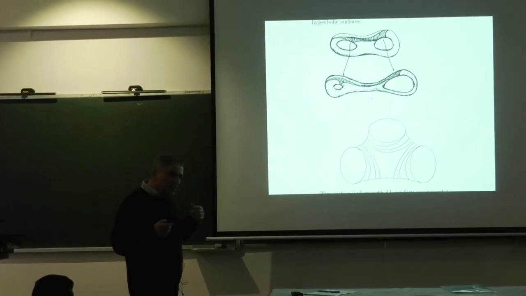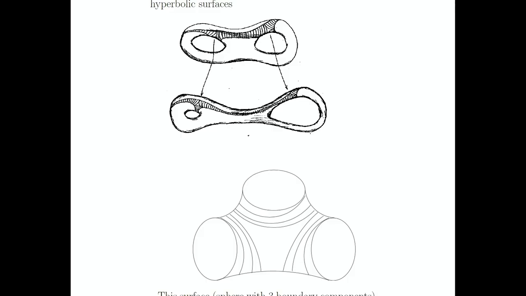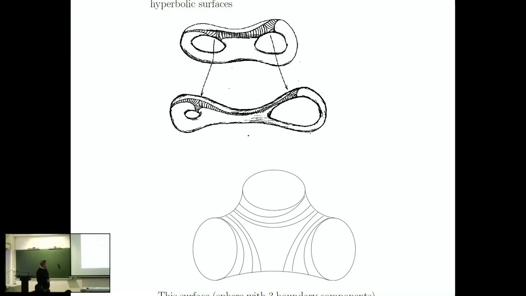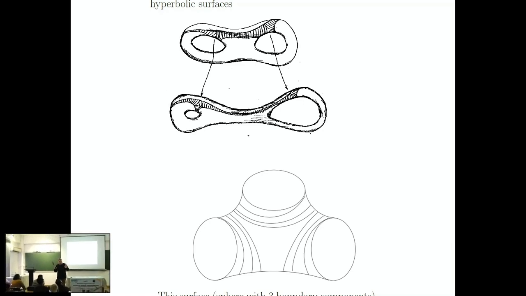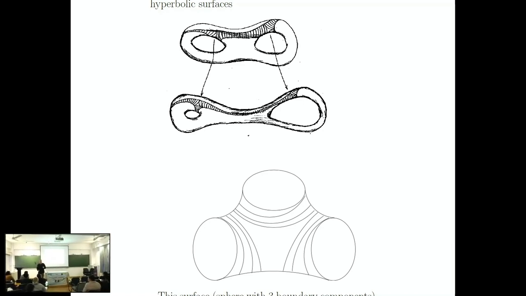You don't need to know much about hyperbolic geometry, but this is one of the basic things you have to know, and it's always used in this theory: any hyperbolic surface can be divided into a union of hyperbolic ideal triangles. Yes, please.